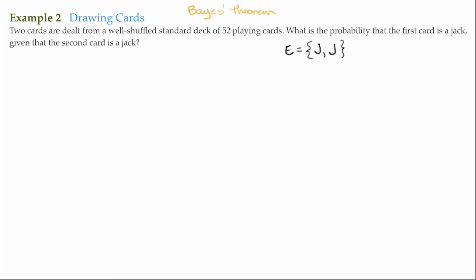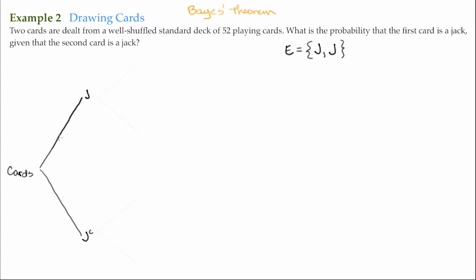So again, we're going to make our tree diagram. And we start out with our action, and the action is we're going to be dealing cards. How about if I just say cards? So you're dealt a card, and it could be a jack, or you're dealt a card, and it's not a jack, and I'll just say jack complement.